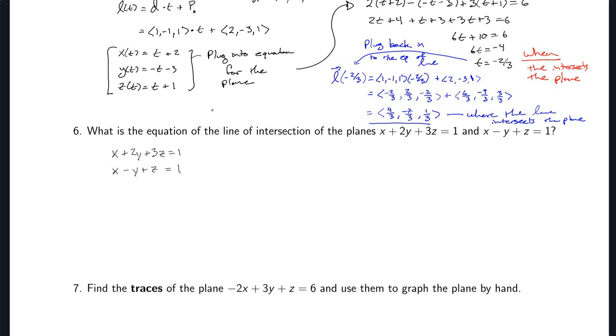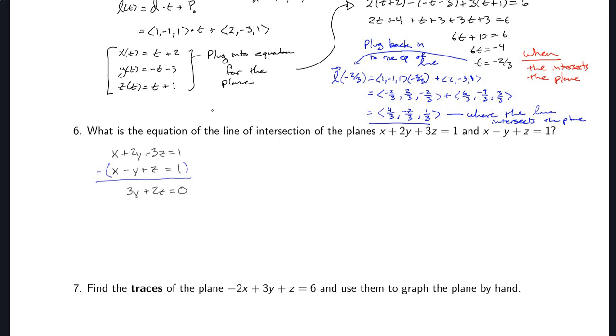So I'm going to essentially do that, but I'm going to do it without actually using any matrices. I'm going to do a subtraction method here to get rid of the x's. So if I subtract these, I get 2y plus y is 3y, and then plus 2z equals 0.